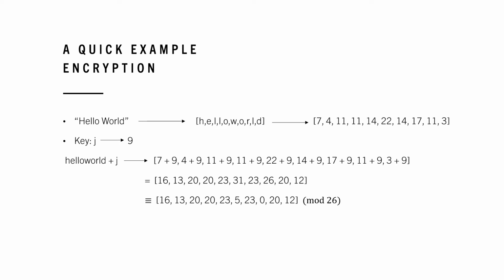And if the number is greater than 26, we just find its remainder when we are dividing by 26. And we get this new list. And now we can, again, use the same mapping and transform these numbers to a set of English letters. So number 16, for example, corresponds to Q, 13 corresponds to N, and so on and so forth.